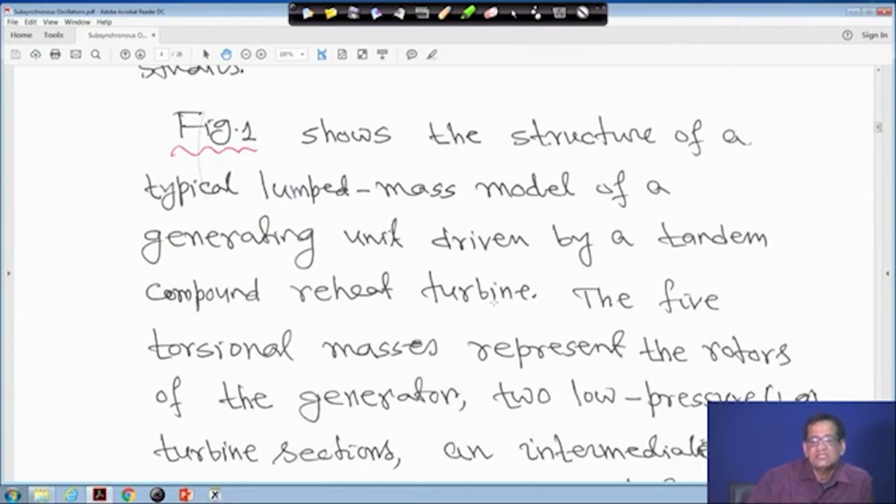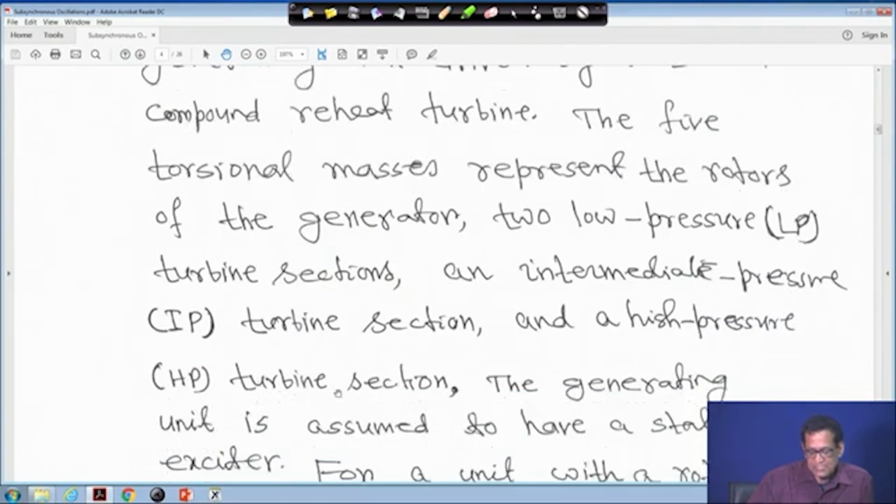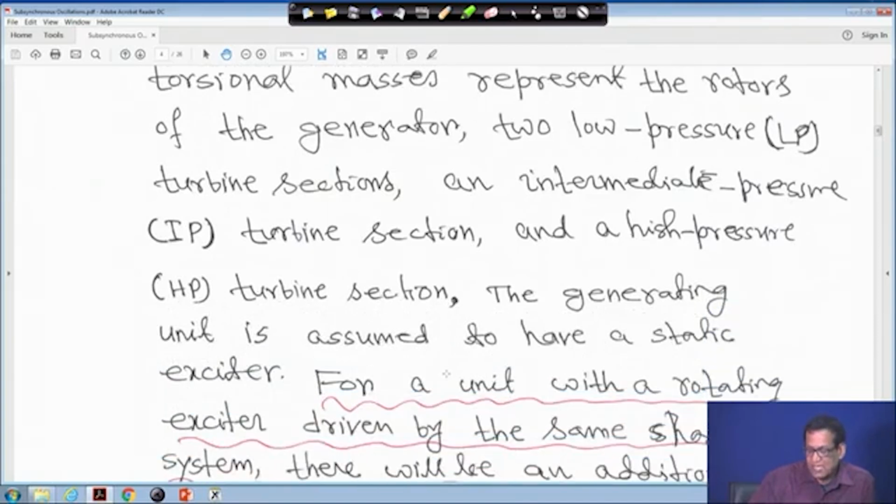The 5 torsional masses represent the rotors of the generator, 2 low pressure turbine sections, an intermediate pressure (IP) turbine section, and a high pressure turbine section. The generating unit is assumed to have a static exciter.